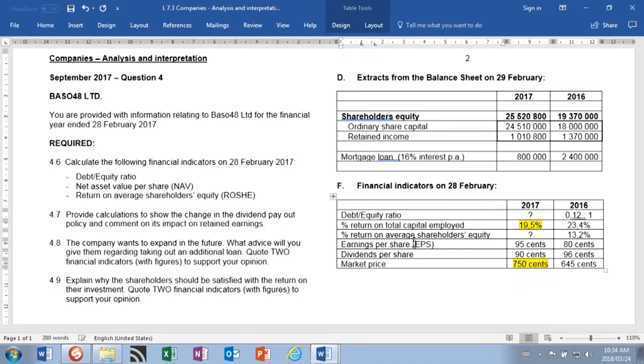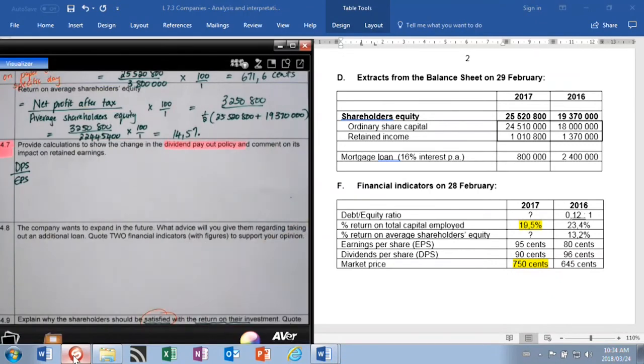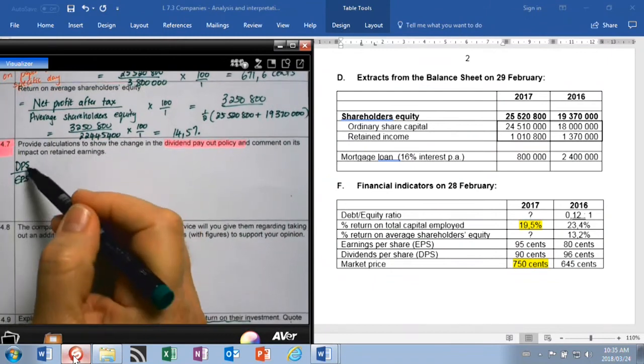This one is EPS, and this one is DPS, dividends per share, earnings per share. So you must first earn money before you can pay out dividends. You first earn money so that you can pay it out.